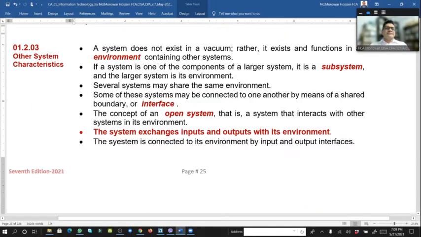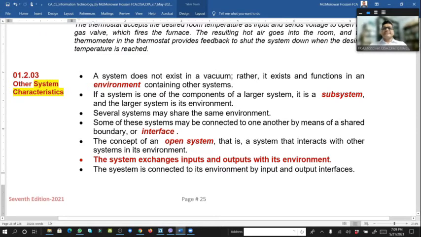Now, other system characteristics. A system does not exist in a vacuum. Rather, it exists and functions in an environment containing other systems. So, a system needs an environment. Without an environment, a system cannot exist.